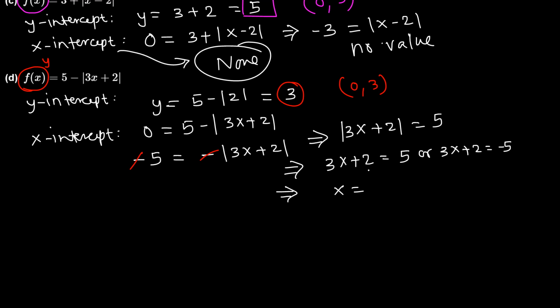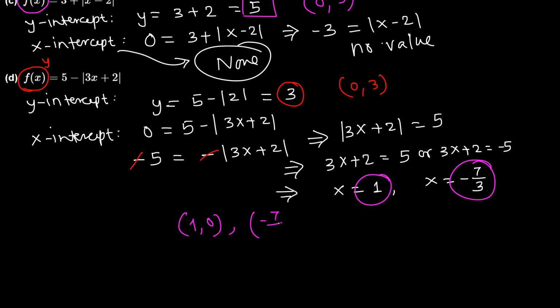So x equals 5 minus 2, which is 3, divided by 3, so 1. Or subtract 2 from both sides: negative 5 minus 2 is negative 7, divided by 3, so negative 7/3. So we got two x-intercepts, 1 and negative 7/3. In coordinate form, that's (1, 0) and (negative 7/3, 0). Final.